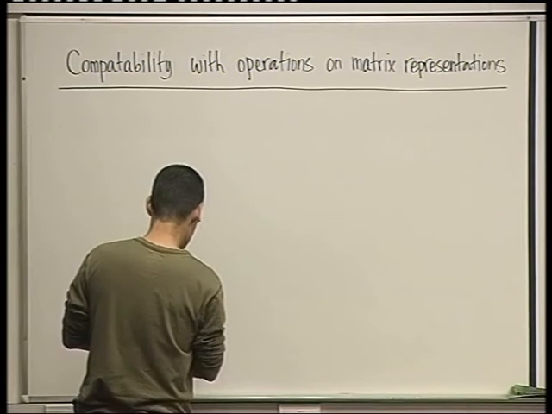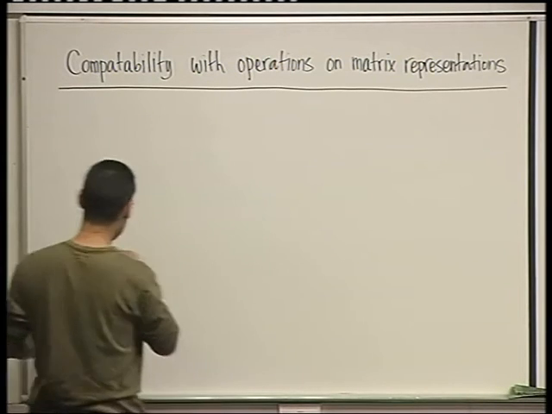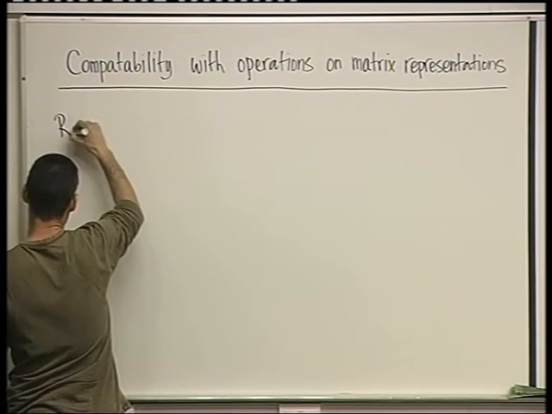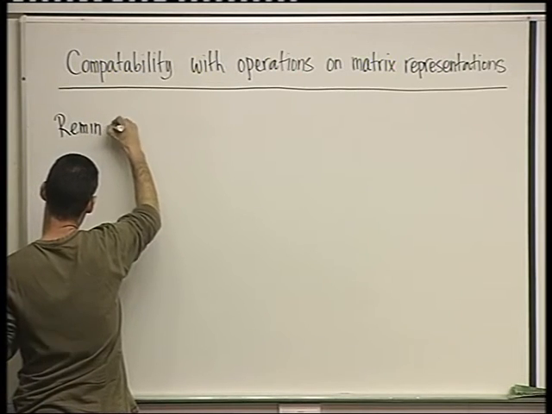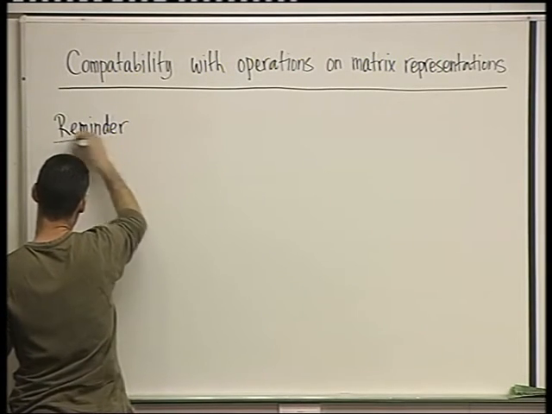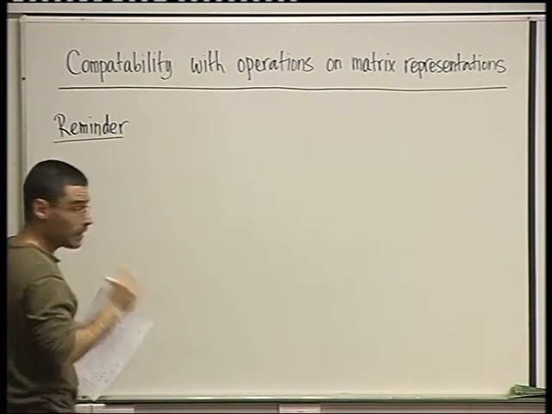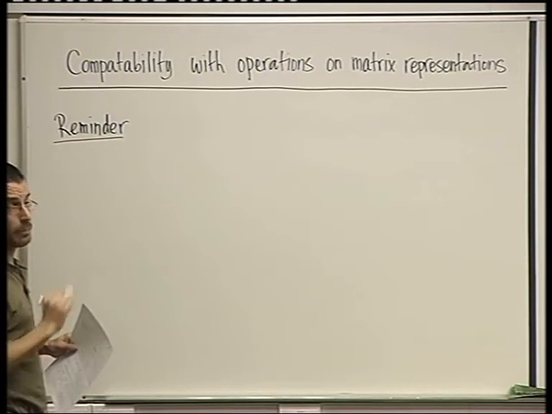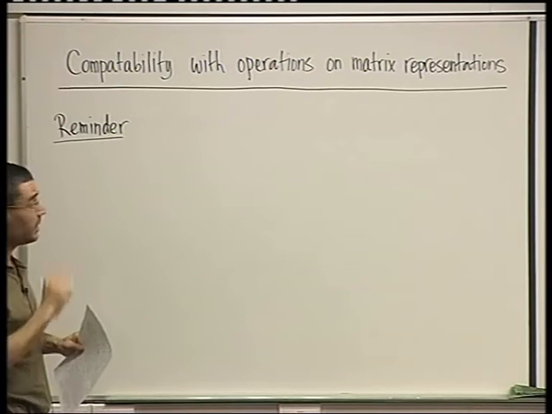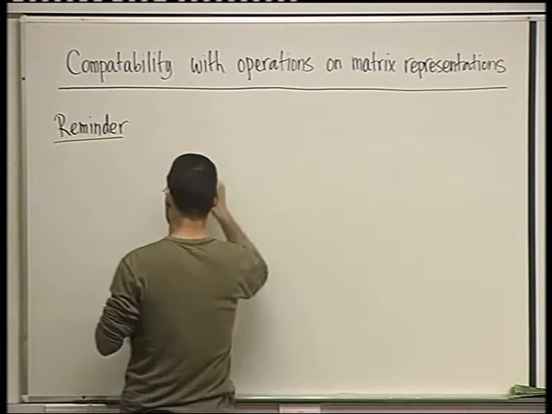And before we start, I want to remind you of a theorem that we had. It was kind of hidden quite a while ago, but it's going to be a very important theorem for all the proofs that we're going to see in this clip, and it's the following.